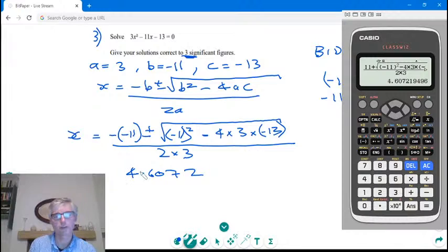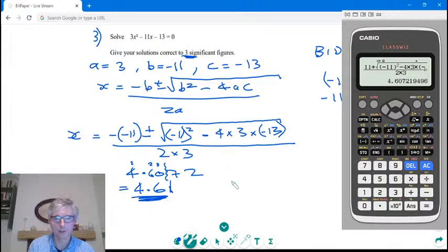So 3 significant figures actually means start counting not from the decimal point, but from the first figure that's not 0 in the number. So this is our first significant figure, second, third. So that's where we're going to cut it off. Because the 7 is 5 or more, I'm going to add 1 onto the third place. I'm going to get 4.61.